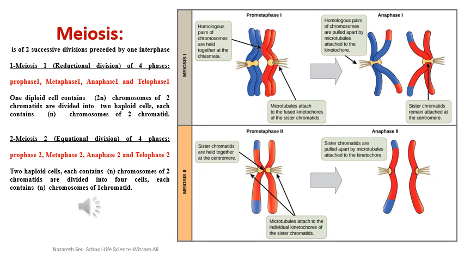We notice during meiosis 1 in the given figure that the two homologous chromosomes are separated.